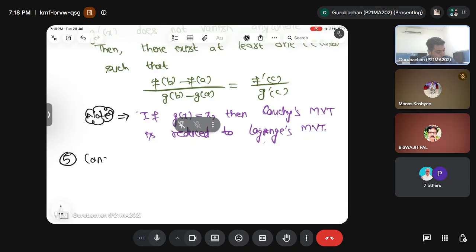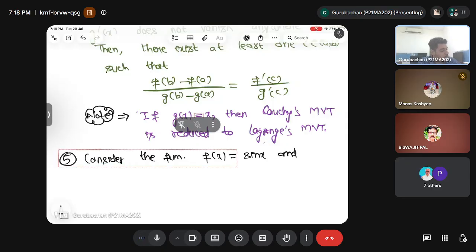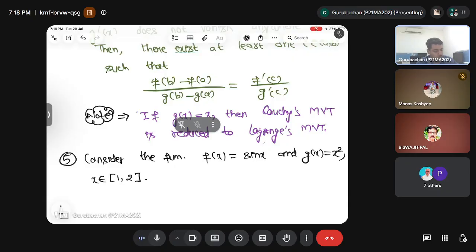Consider the functions f(x) = sin x and g(x) = x square, where x belongs to [1, 2].